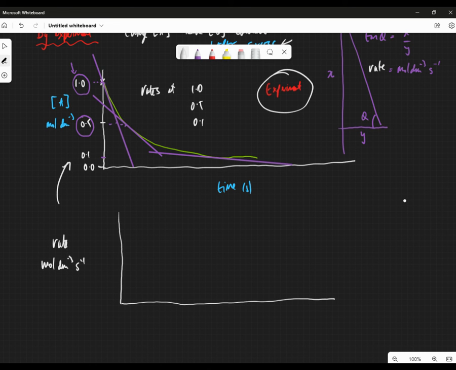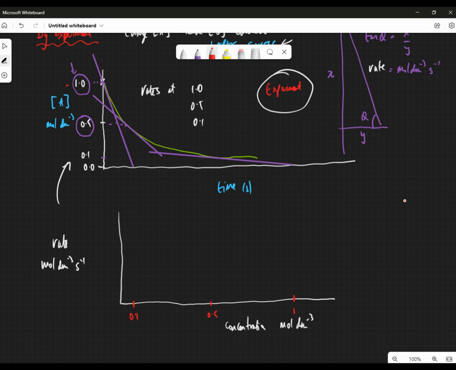And I'm going to do it against concentration. The concentration is in moles per decimeter cubed. Now, as you remember, I took 3. I took one at 1. So I'm going to get a point here. This is concentration 1. I did one at 0.5, about here, and I did one at 0.1.